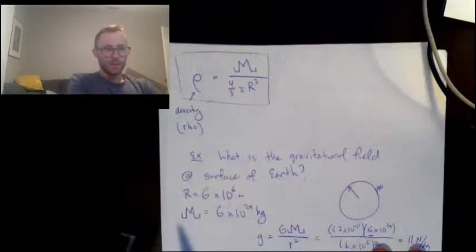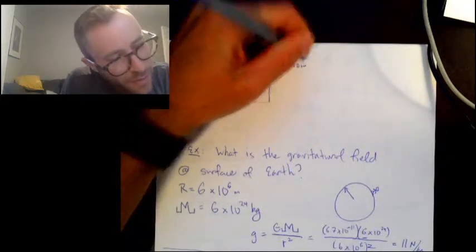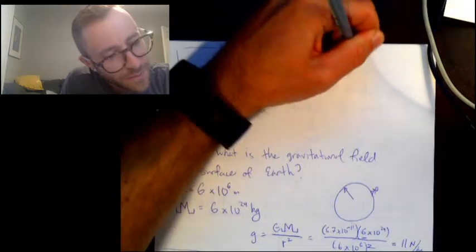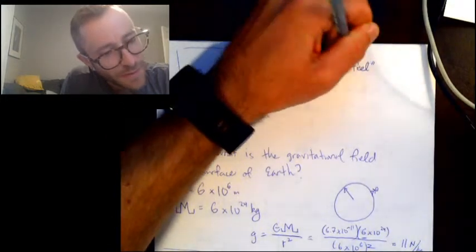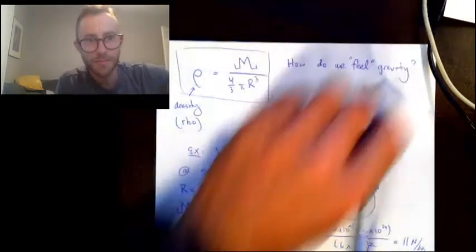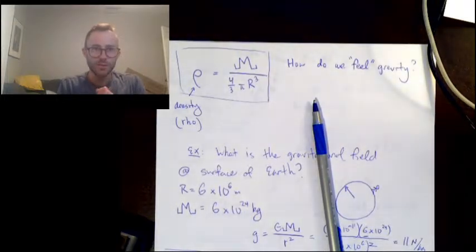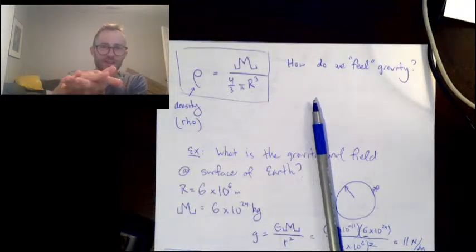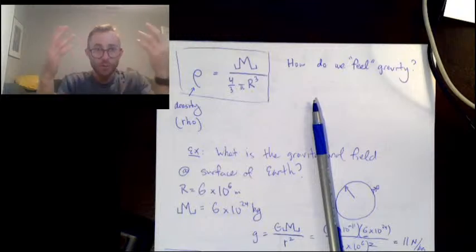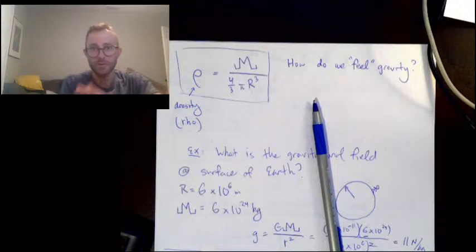Oh yeah, I wanted to talk about how we feel gravity. The answer is we feel gravity only when it pins us against something else. We feel gravity right now because we are pinned against our chairs or the ground or whatever. That is how we feel gravity.